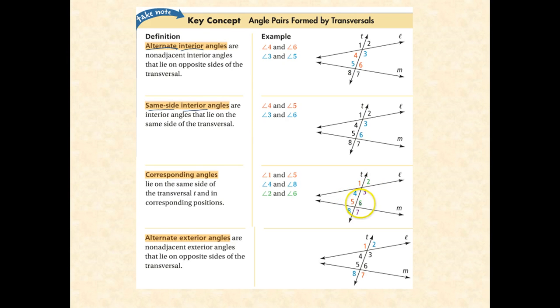Then bottom right, those are pairs of corresponding angles. Then we've got alternate exterior angles. So we're in the exterior, but on opposite sides of the transversal. So 1 and 7 are alternate exterior, and then 2 and 8 are alternate exterior angles.